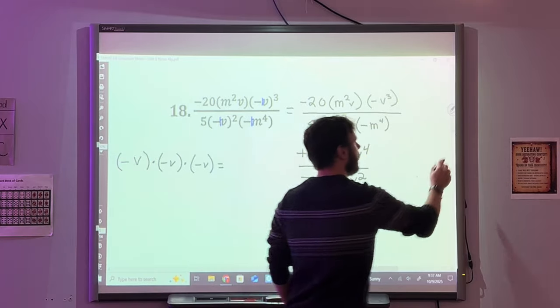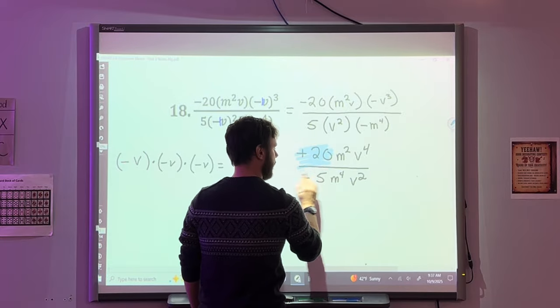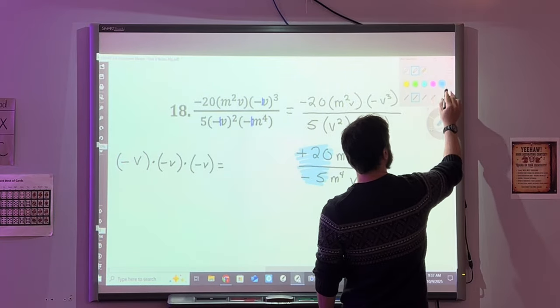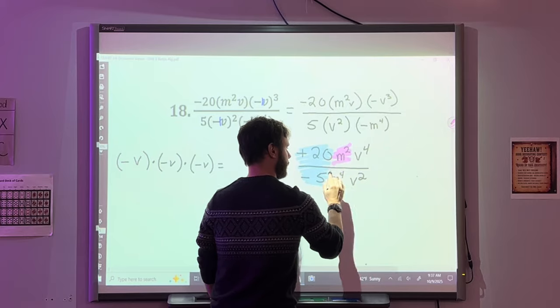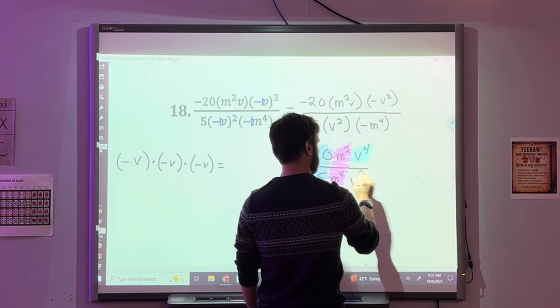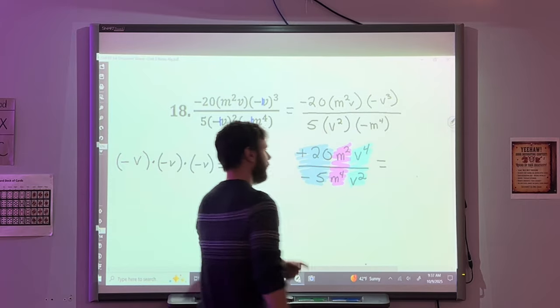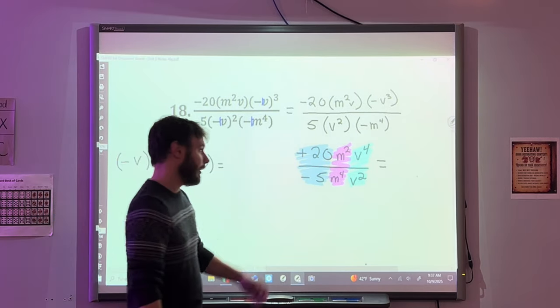Okay. All right, we are going to simplify this now. We're going to take it like with like. 20 divided by 5, hopefully we know that that's 4.